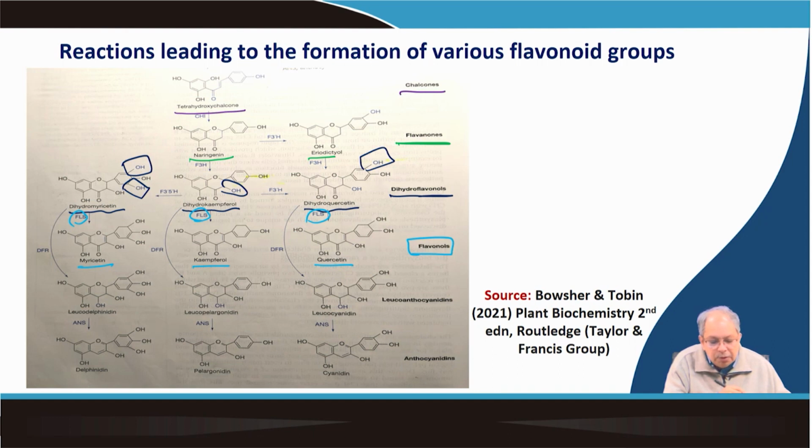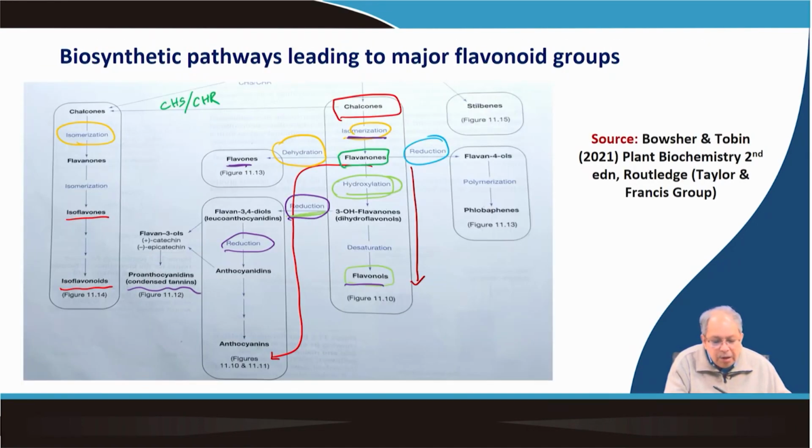These are the flavonol compounds, and the difference between dihydrokaempferol and kaempferol is this double bond. Then subsequently this is converted into leucoanthocyanidin, which I have shown here.